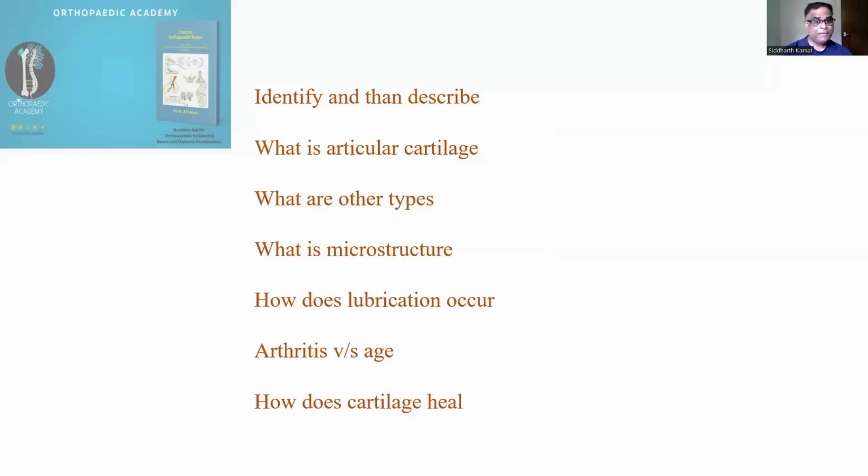It has the highest amount of water. Whereas the middle zone, which is the thickest zone, has oblique collagen fibers and randomly placed chondrocytes. Whereas the deep zone has chondrocytes arranged in columns and perpendicularly arranged collagen fibers. Collagen fibers in hyaline cartilage are collagen type 2.